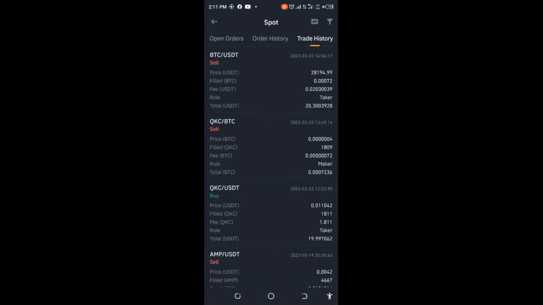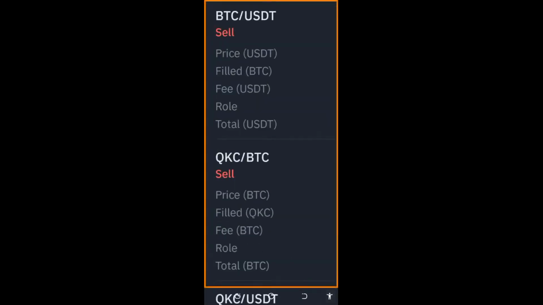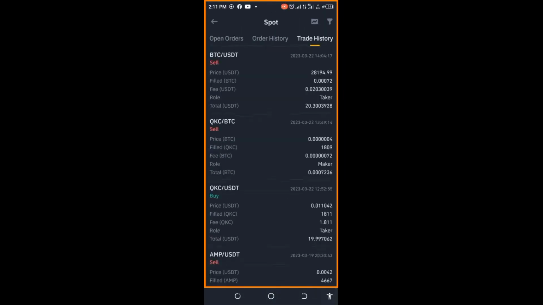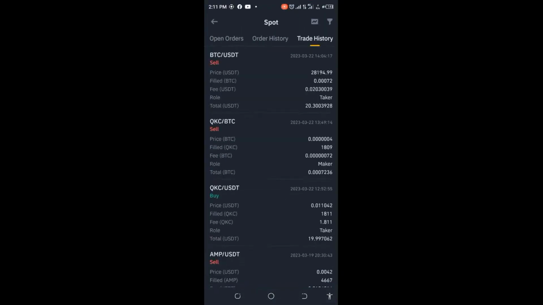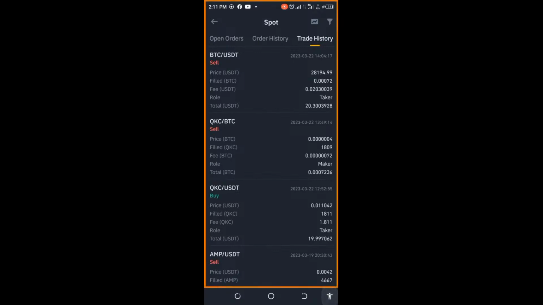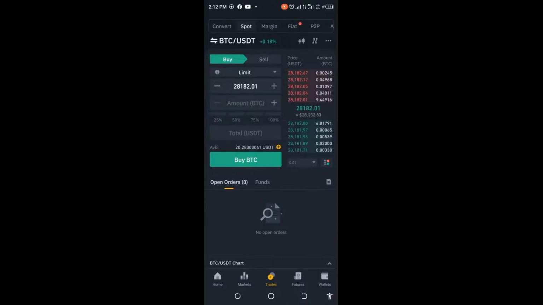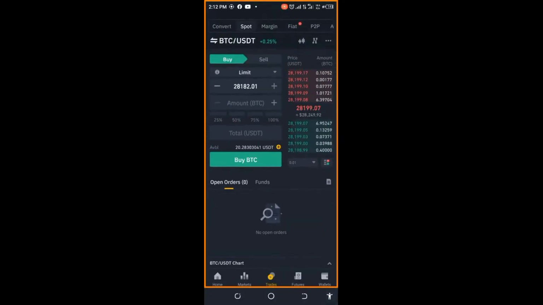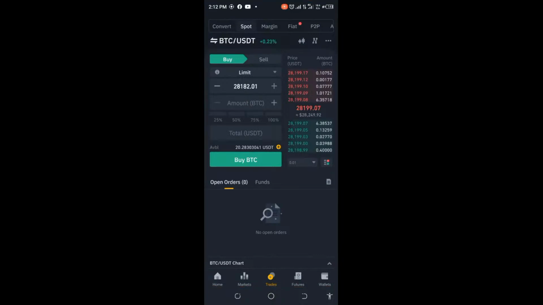The total USDT plus the fee was 20.30, but when they took out their 2 cents, what we have here is 20.28. So just remember that the fees were taken out. Initially, BTC USDT didn't attract any fees, but now the fees are back.